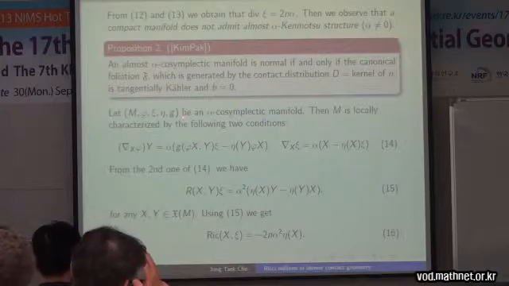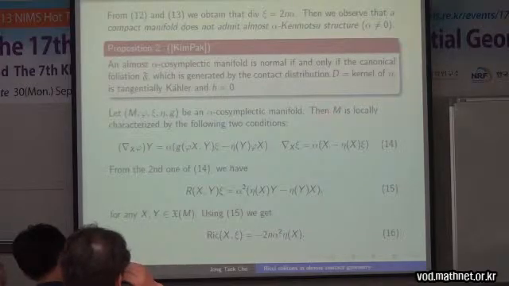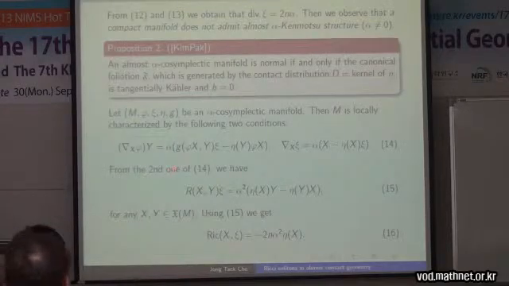And now let M be an alpha Kenmotsu manifold, then such a manifold is locally characterized by the following two conditions. We may consider this manifold a counterpart of a Sasakian manifold.